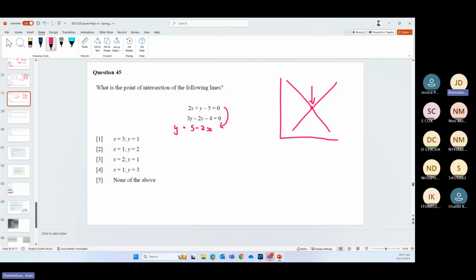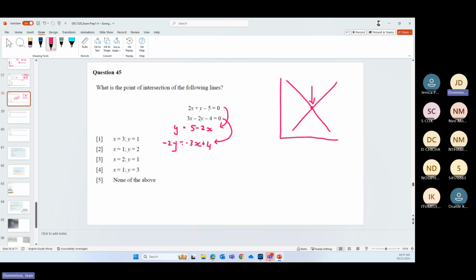If you guys remember the straight lines. And then the second one, we will say there's a -2y = -3x + 4. Okay, so that is if we're working with straight lines.